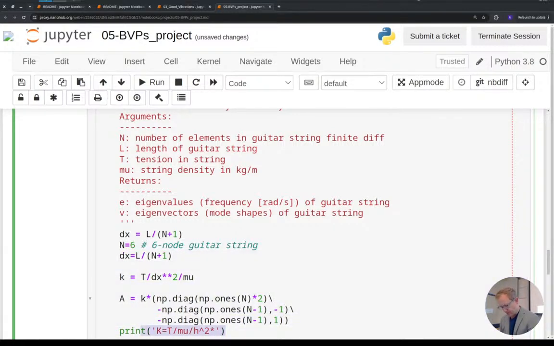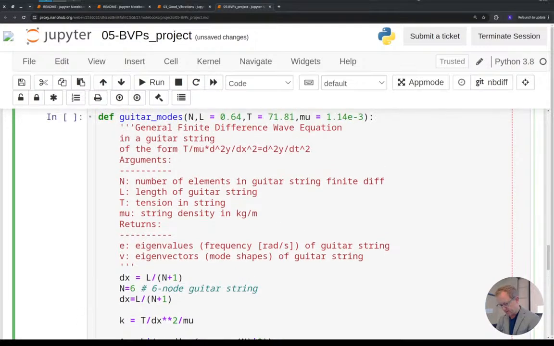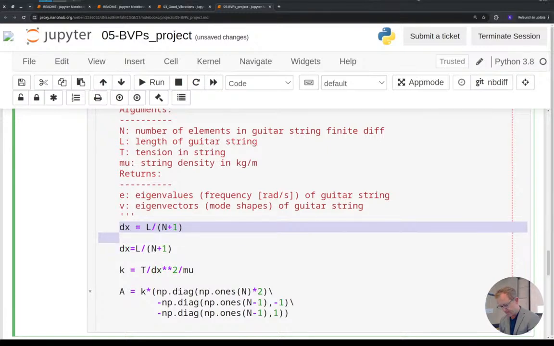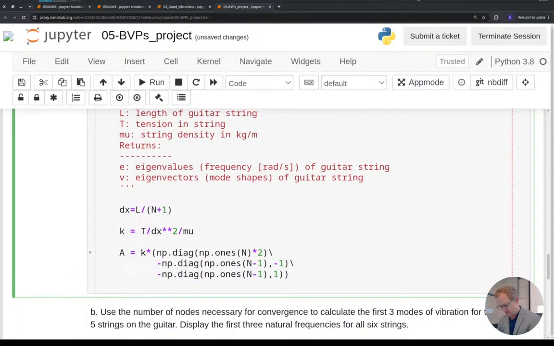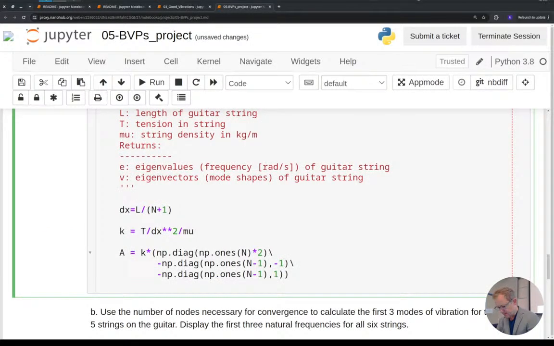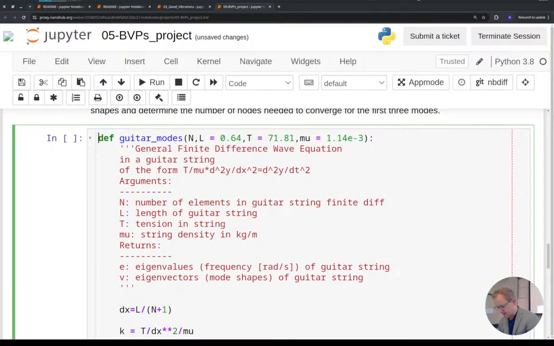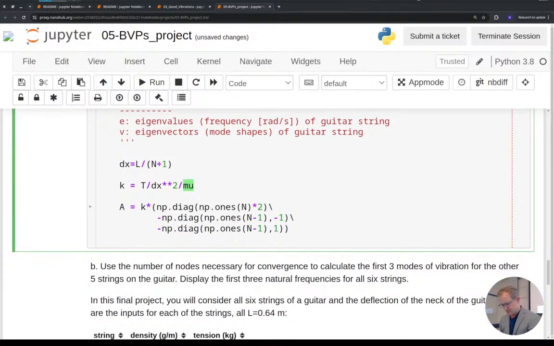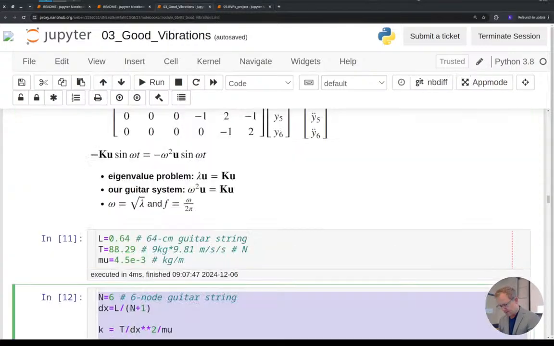And I don't like to print inside of a function. So we're going to get rid of that one. Yep, we don't need dx defined again. And let's see, do we have L, T, and mu all defined? That looks good.